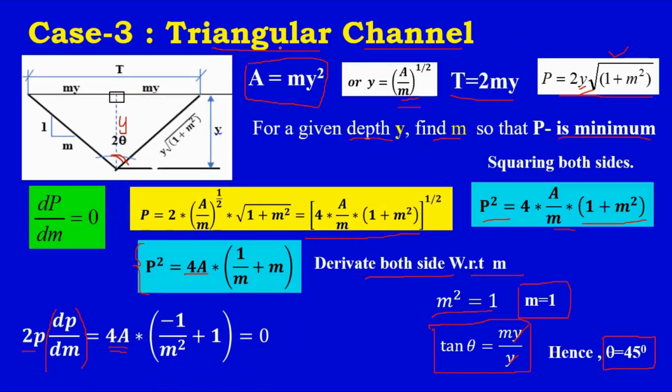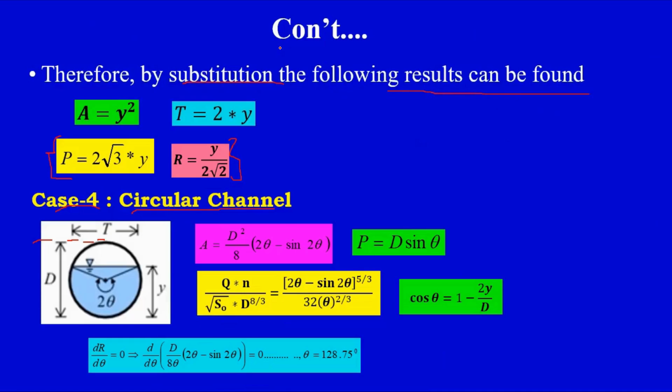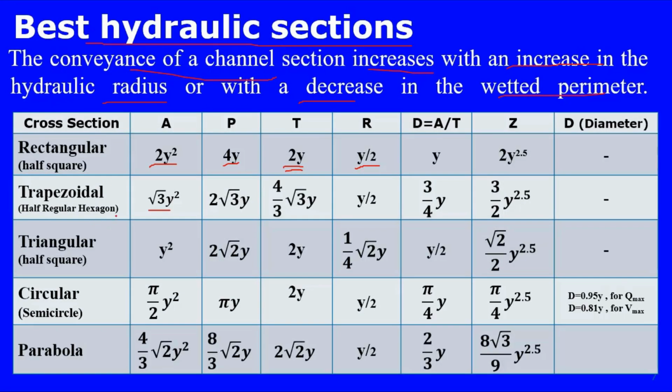Let me summarize the table now. For the trapezoidal channel, root 3 y square. If m is 1 over root 3 and you substitute, then the area will be this one. The perimeter will be 2 root 3 y, the top width 4 over 3 root 3 y, the hydraulic radius y over 2, and the hydraulic depth 3 over 4 y. This is the hydraulic depth, and this is the section factor.